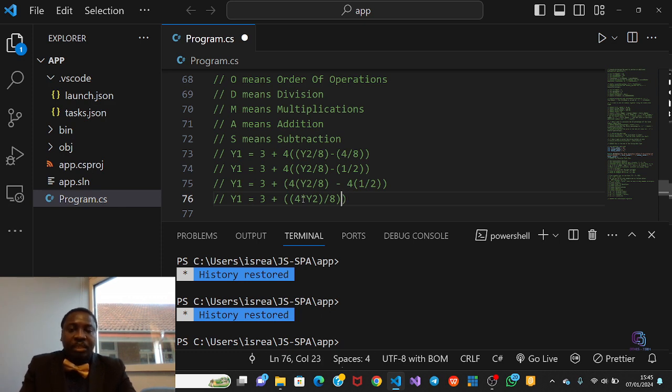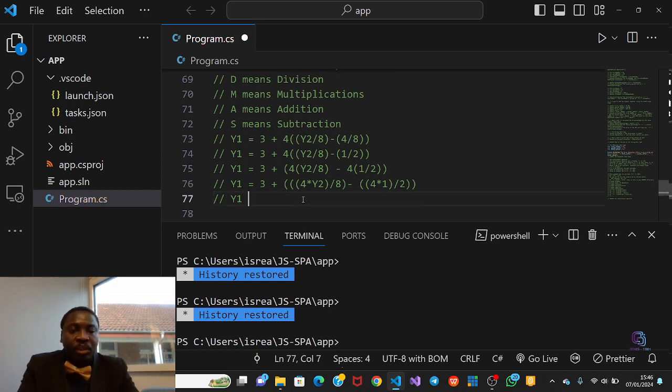So with this, 4 times y2 divided by 8, then minus, so we now have it, open another bracket, now 4 times 1, now open the bracket, now divided by 2 to close the bracket.